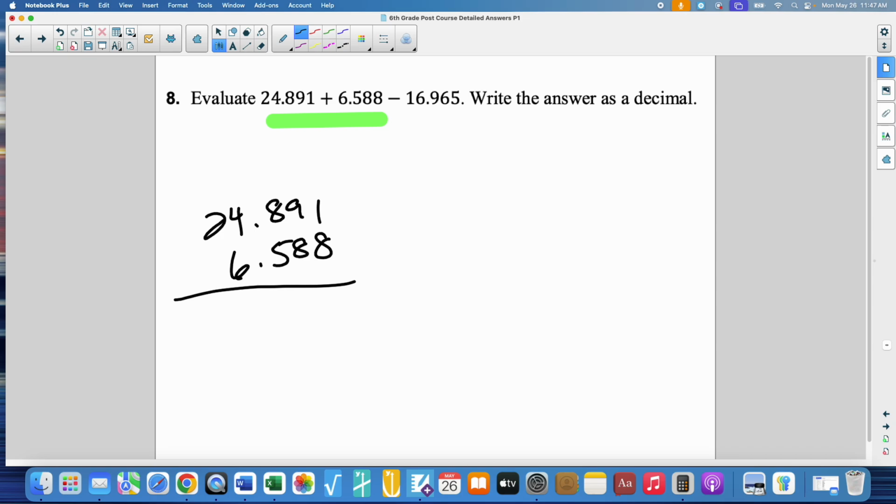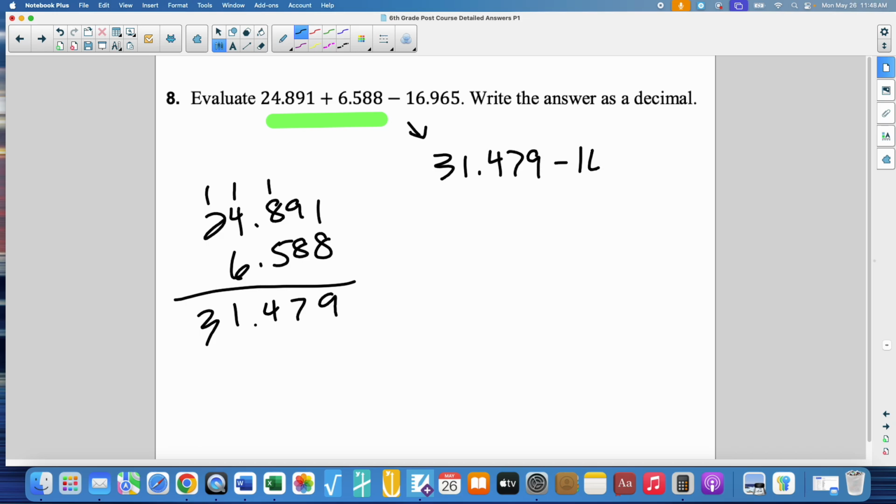When adding and subtracting, we do align the decimals. So 8 and 1 is 9, 8 and 8 is 16, 17, 13, 14, 11. So we get 31.479.